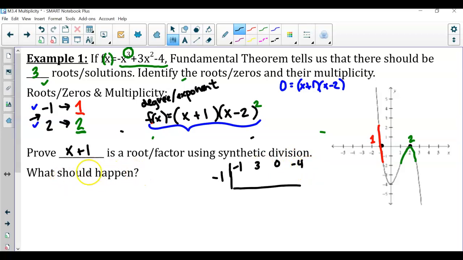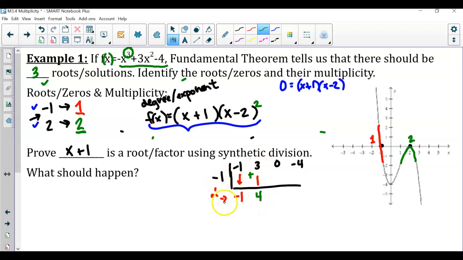And remember, what should happen if x plus 1, or -1 here, is a factor? And here we go. So remember with synthetic division, bring down. So this is -1. Now multiply always below the line. -1 times -1, +1. Then we always add above the line. 3 plus 1 is 4.